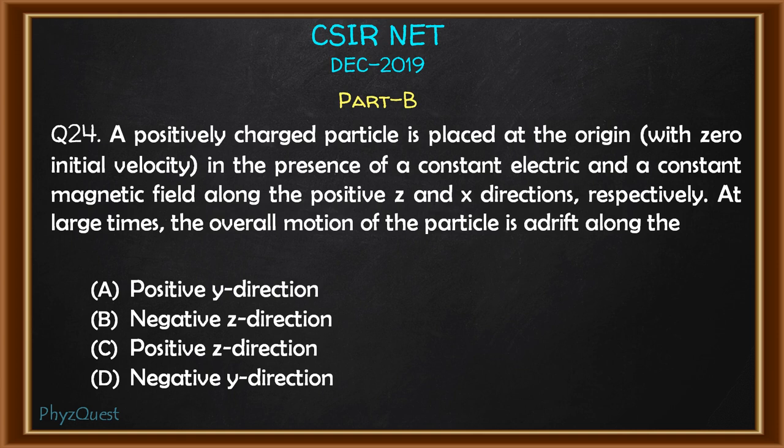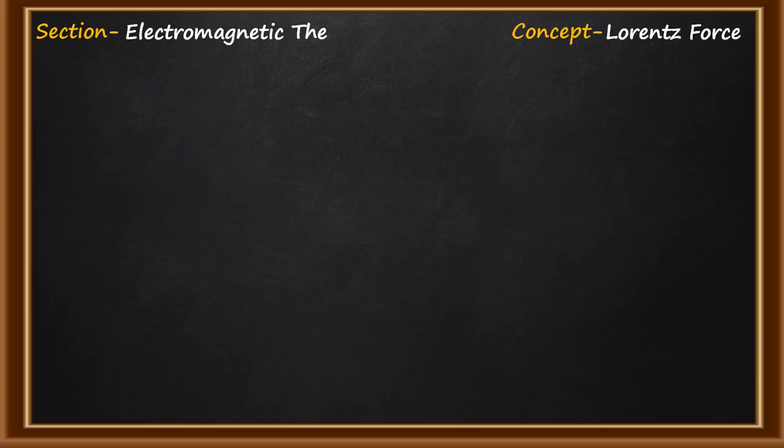So let's get started. Now this question comes from the section Electromagnetic Theory and the concept involved here is the Lorentz Force. So what is the Lorentz Force? If a charged particle is placed in presence of an electric and a magnetic field, then Lorentz force is the force on the charged particle due to the electric and the magnetic field.